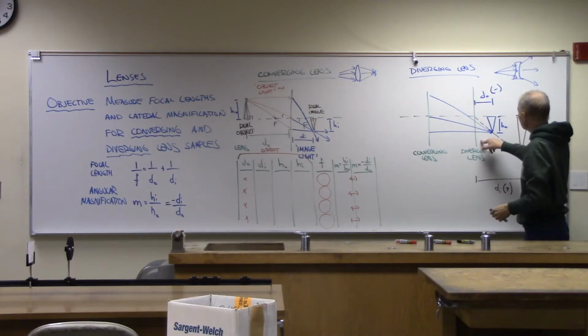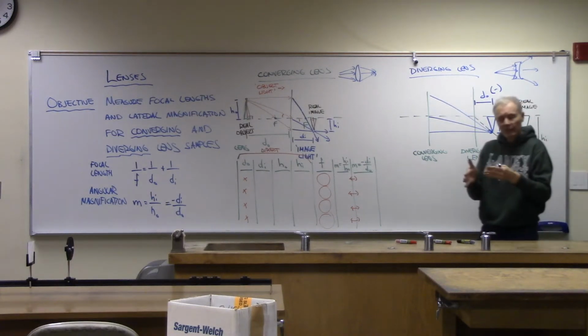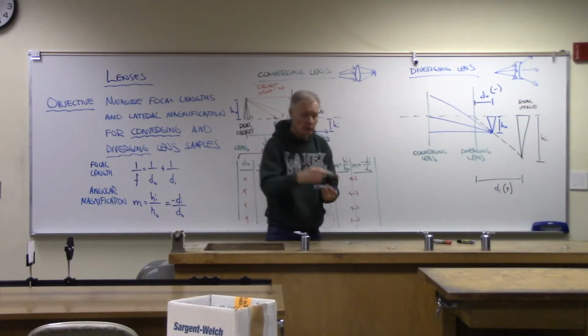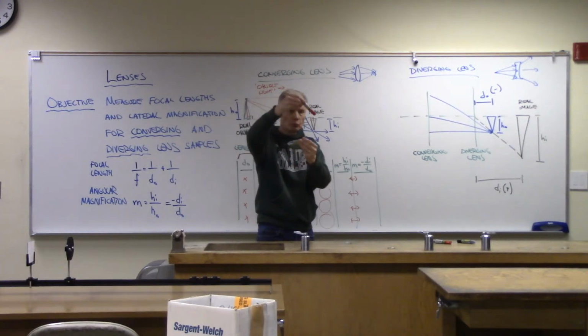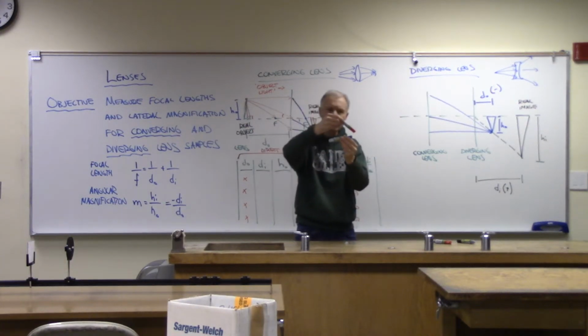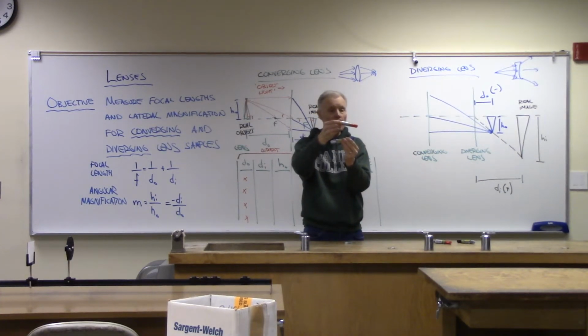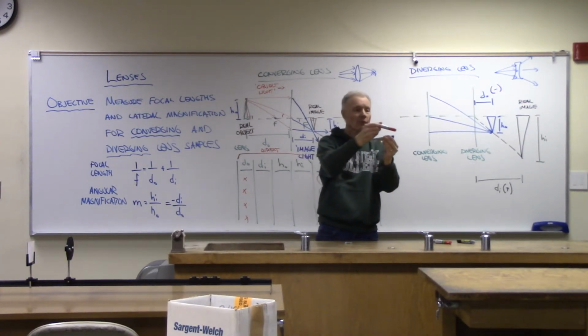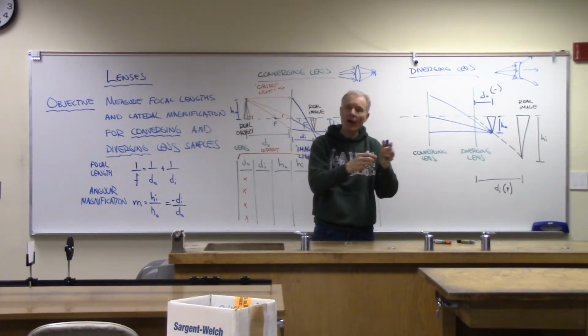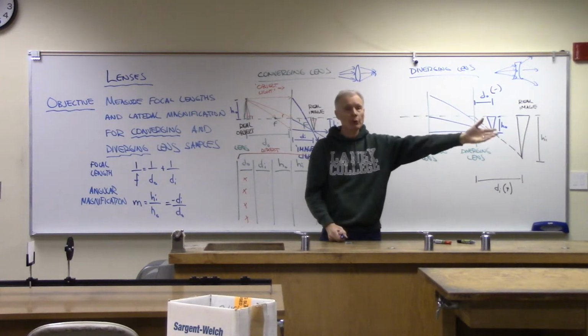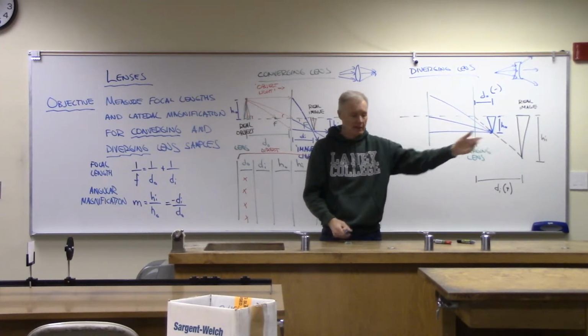The light was coming together, but instead we put a diverging lens there. The diverging lens diverges it a bit, but we have to make sure that with our placement we don't diverge it too much. The diverging lens will make the light come together farther downstream, is the idea.